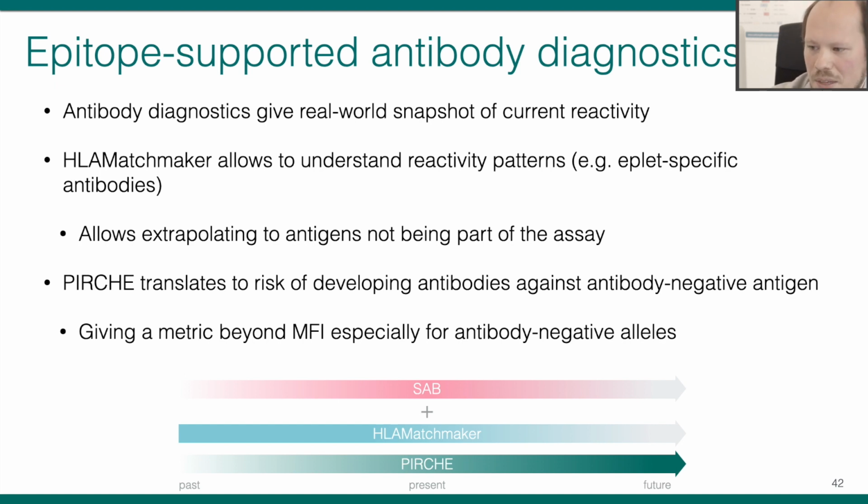However, Perch in that case would then be a very useful tool to add a risk factor to all these alleles that are yet antibody negative, because you want to transplant antibody negative donors. Still, if they have a high Perch score, they again have a high risk of the patient developing antibodies pretty soon.